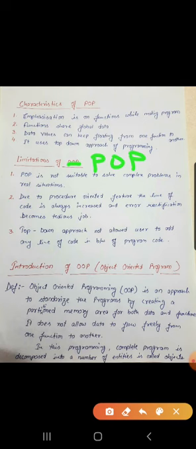Second point, due to procedure oriented features, the line of code is always increased and error rectification becomes a tedious job, because whenever we make a procedural oriented programming language, the line of code increases, and due to that we are not able to find our error very easily.